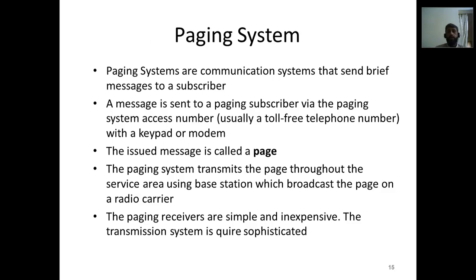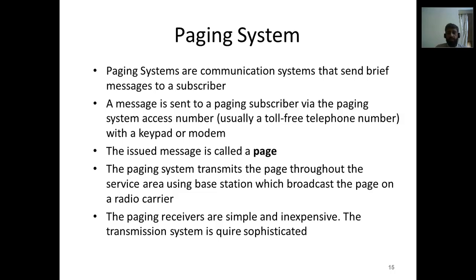Another PCS system is the paging system. What is a paging system? A paging system is a kind of broadcast system that is used to send brief messages to subscribers. Generally, a message is sent to a paging subscriber via a paging system access number, which is input using a keyboard.